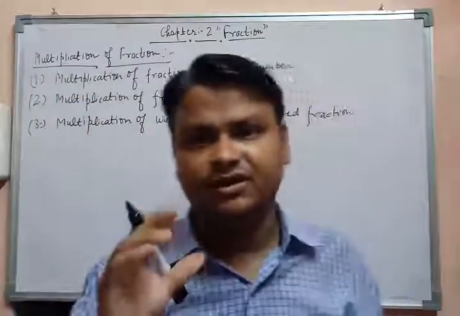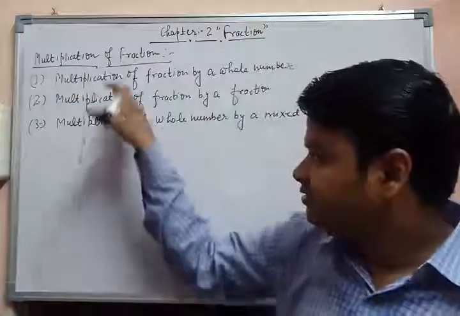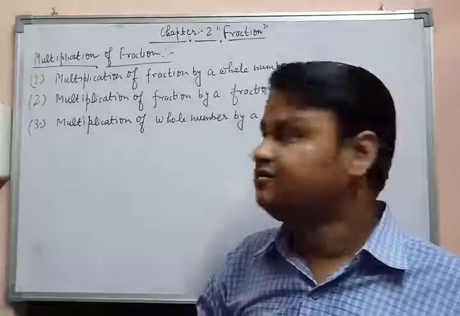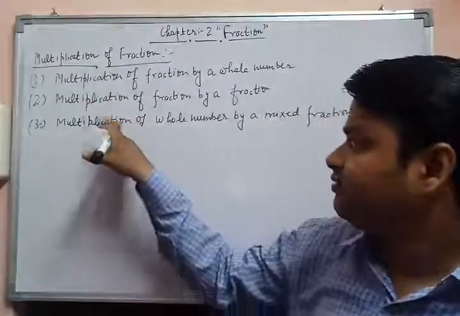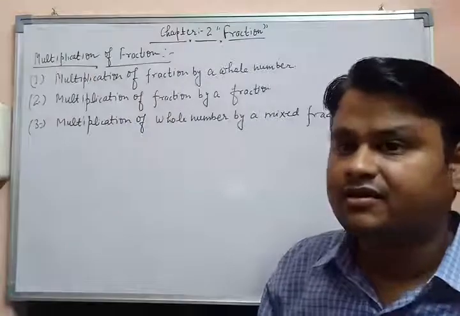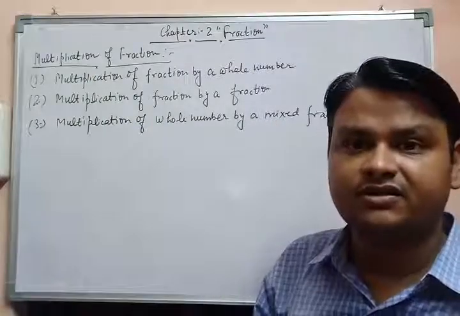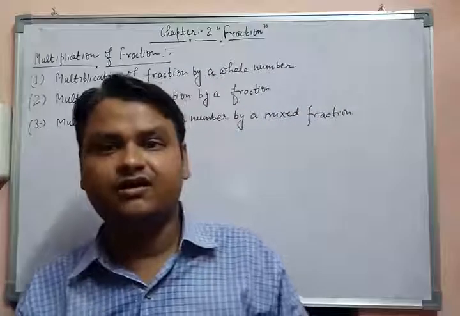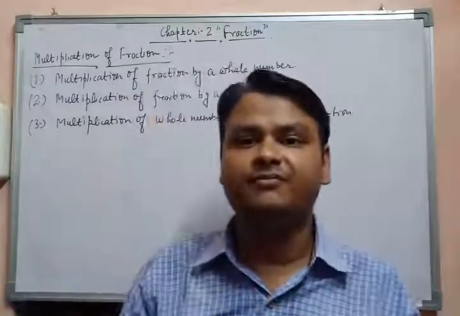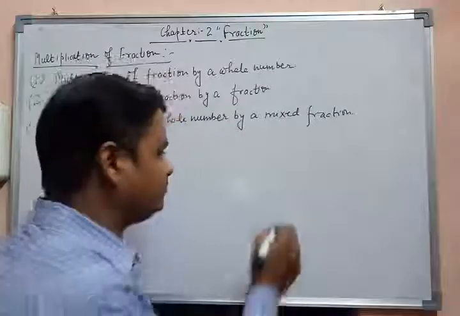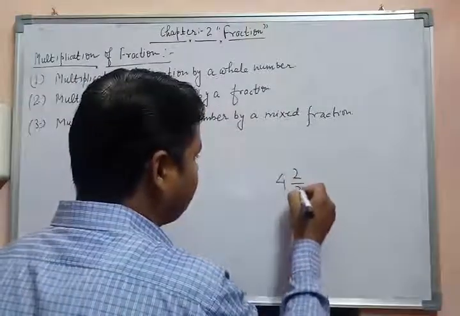So first of all I want to write how many types of multiplication of fractions are given. You all know about mixed fractions. What is a mixed fraction? A mixed fraction is the combination of a whole number and a proper fraction. For example, 4 and 2 by 3.